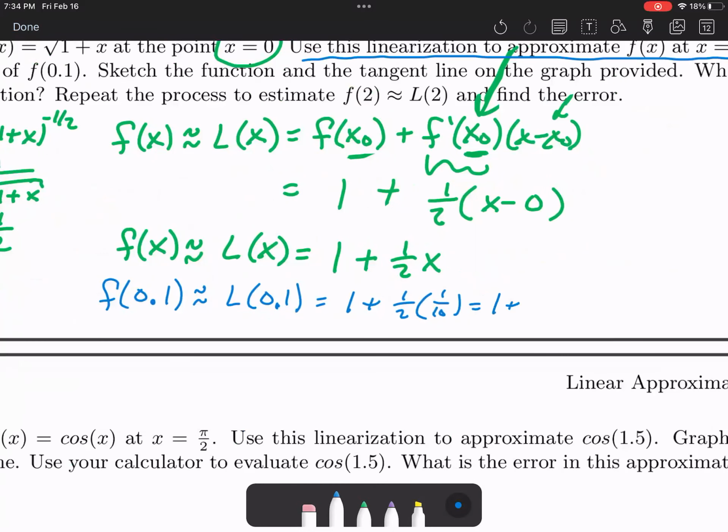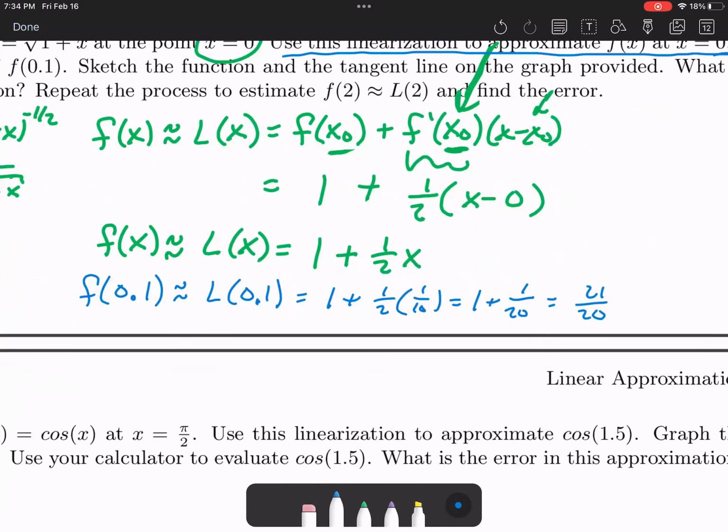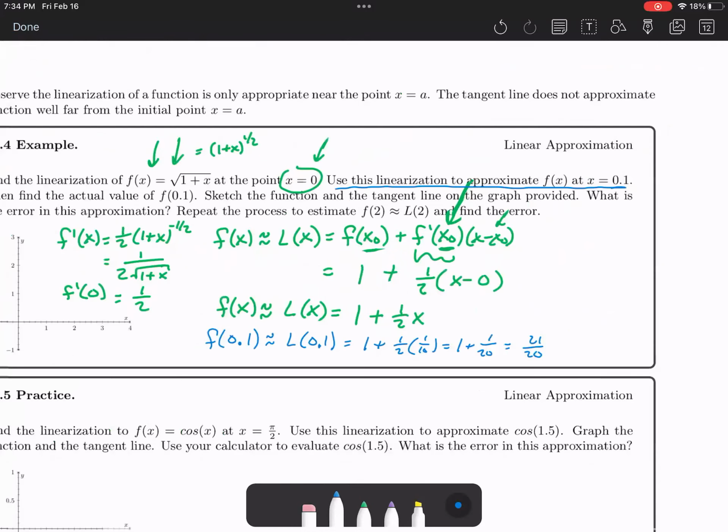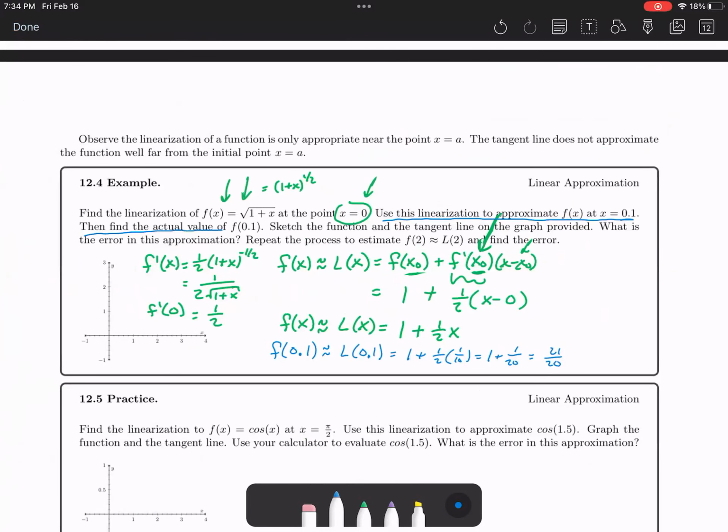This is 1 plus 1 over 20, or 21 over 20. Okay, now we can actually find the value of the function at 0.1 by just plugging it in. Our function at 0.1 is going to be the square root of 1 plus 0.1, or 1 over 10. That's the square root of 11 over 10.